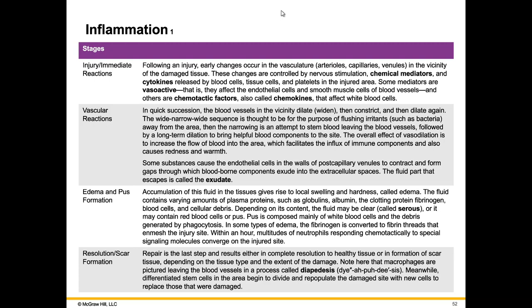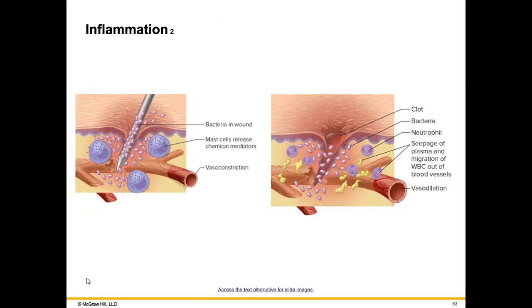And again, as per usual with these big tables, you do not need to memorize all of this verbatim. Know the list here in order and a little bit about what they mean. We have injury that happens first, which is when our immediate reactions happen. We have vascular reactions, edema and pus formation, and resolution and scar formation.